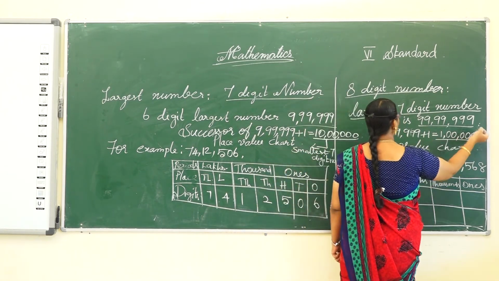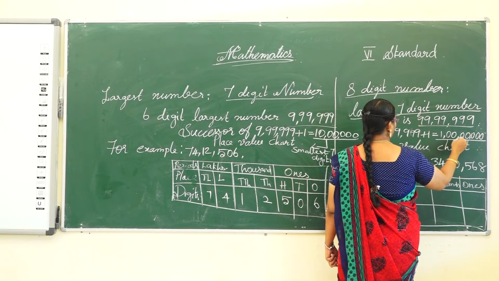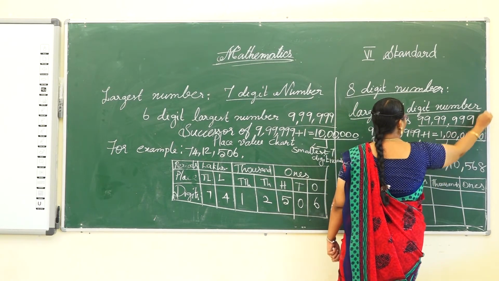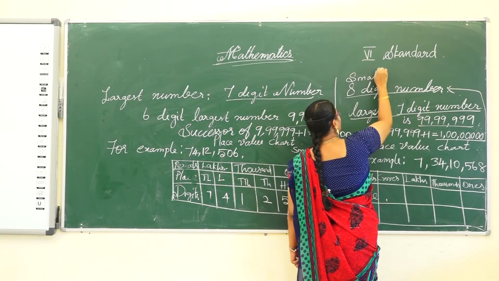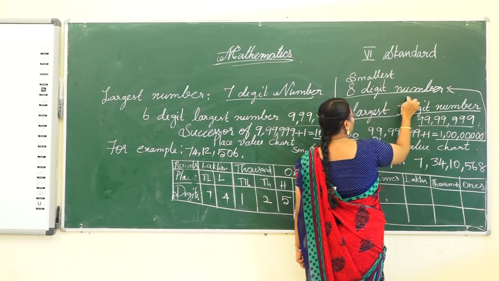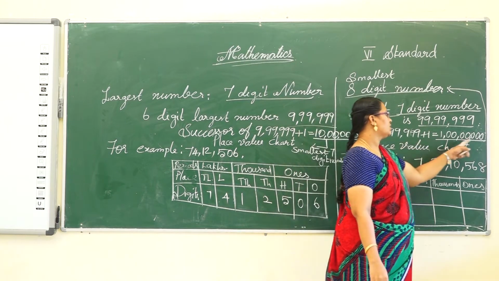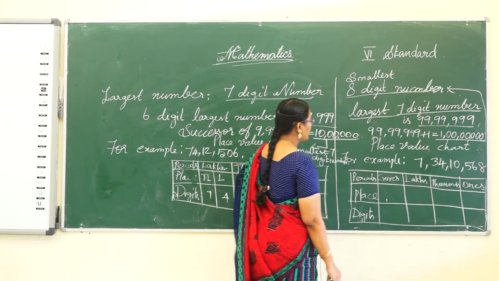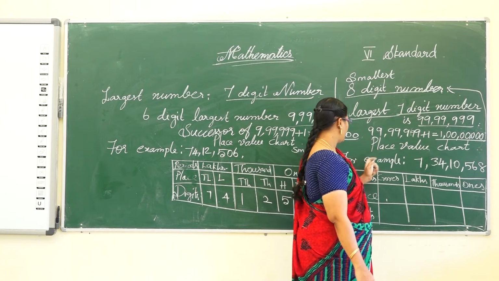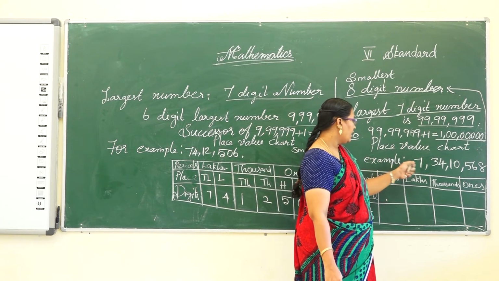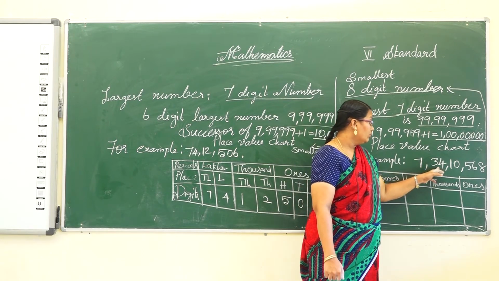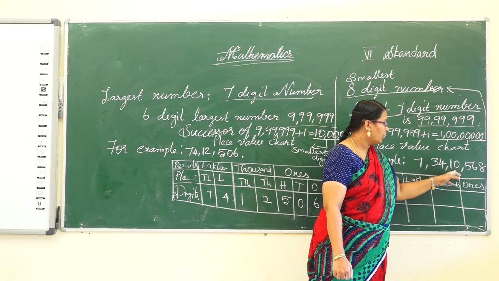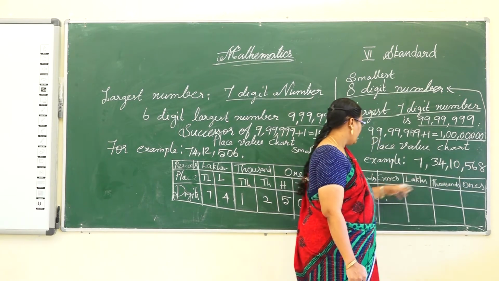So 1 crore is the smallest 8-digit number. Now the place value chart for the number 7 crore 34 lakh 10,568.